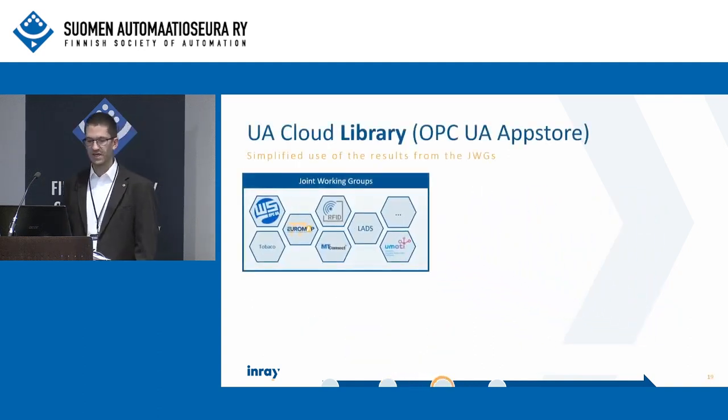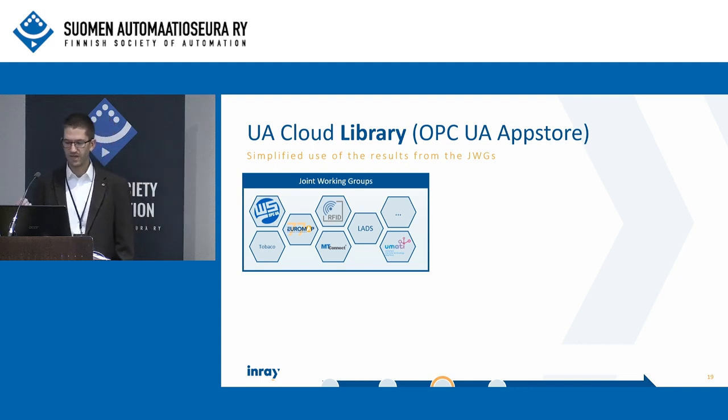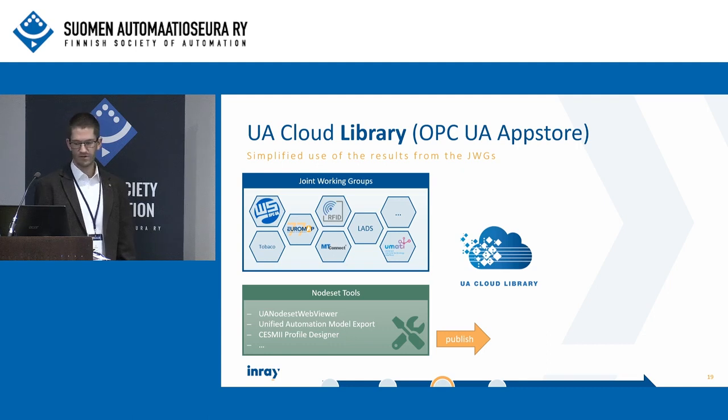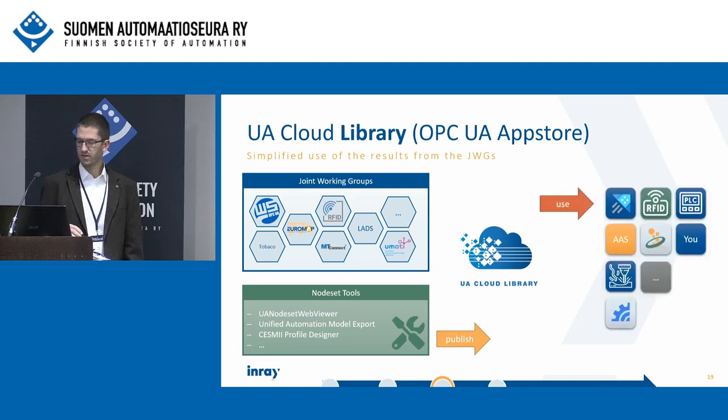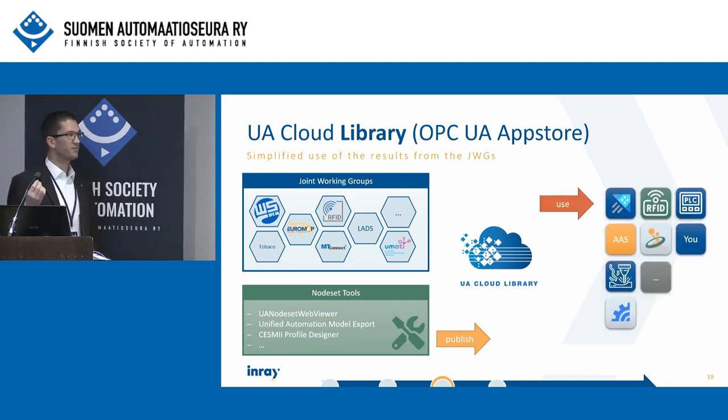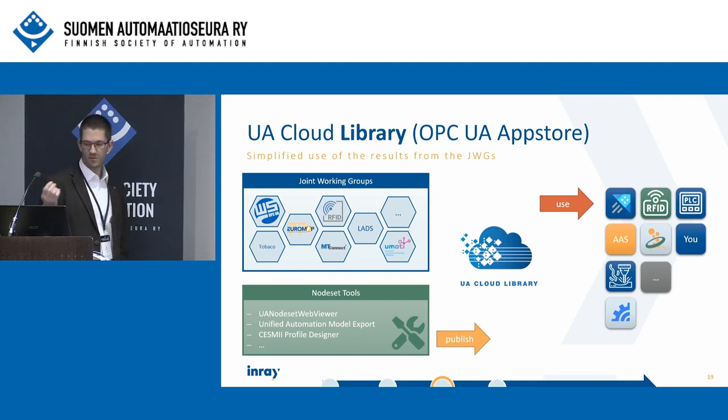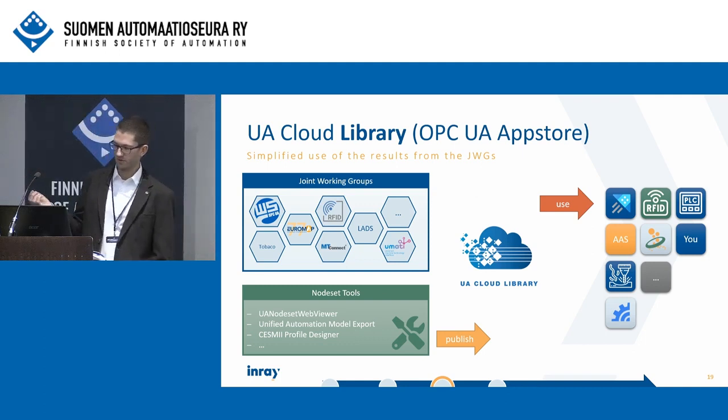These companion specifications developed by the joint working groups can then be published with various tools to the OPC UA Cloud Library. The OPC UA Cloud Library provides a machine-readable interface for applications to create a UI to browse through the collection of companion specifications and data models.